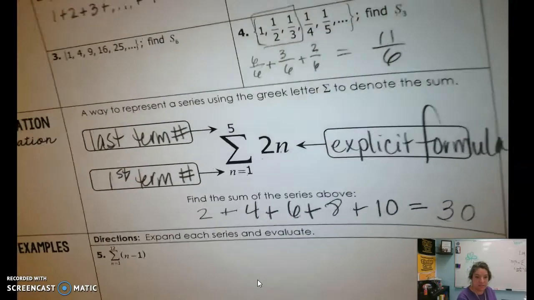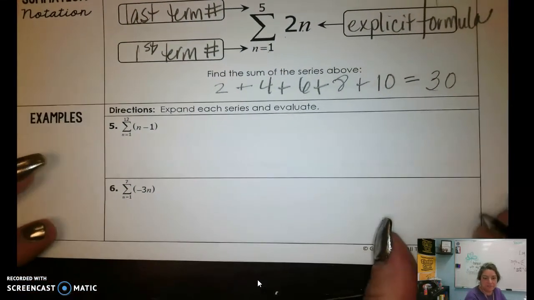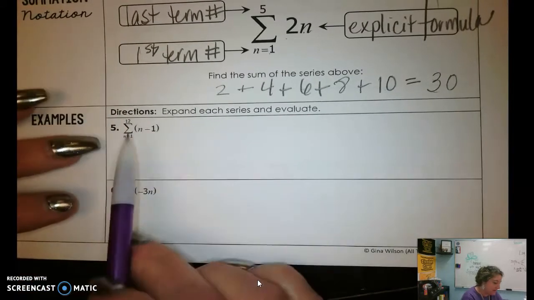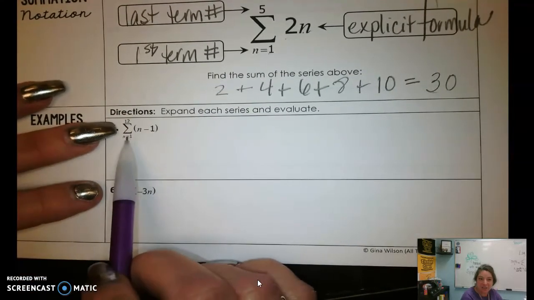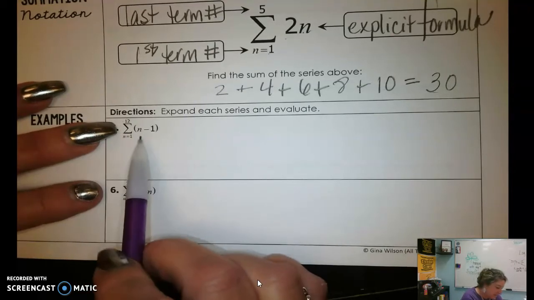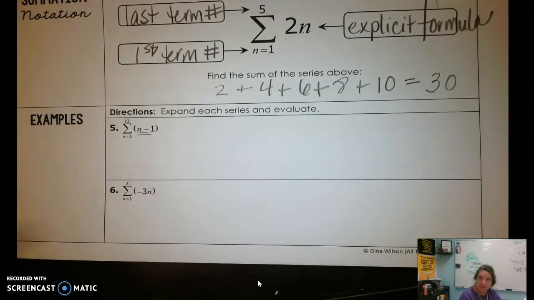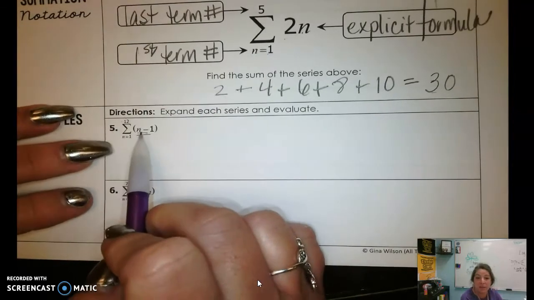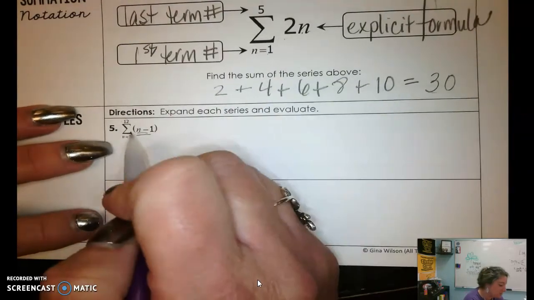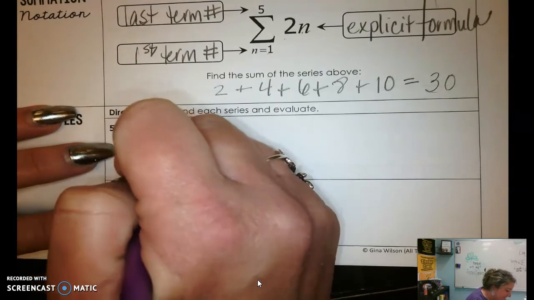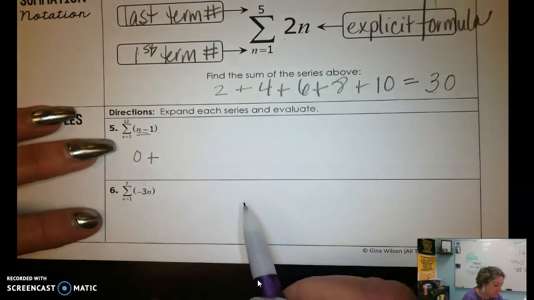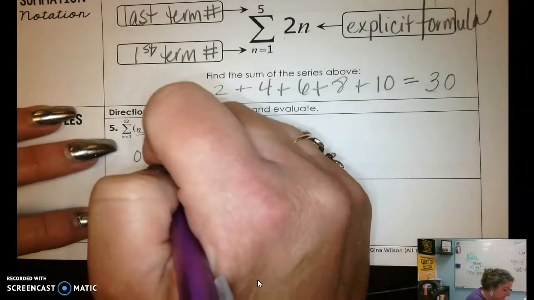All right, let's go do it again. Ready? Number 5. All right, we have to find the summation from 1 to 12, so the first 12 terms, and this is our formula. Okay, so let's go plug it in. If I put in a 1, 1 minus 1 is 0. If I put in a 2, 2 minus 1 is 1.